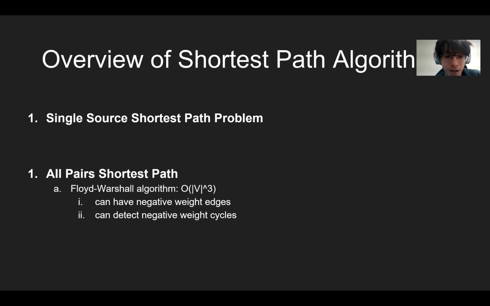I think Johnson's algorithm is another one for all pairs shortest path, but Floyd-Warshall can handle these cases pretty well. But today we're just talking about single source shortest path.